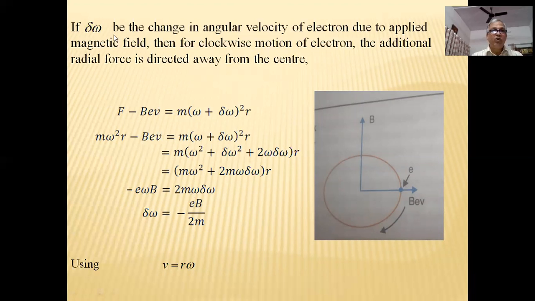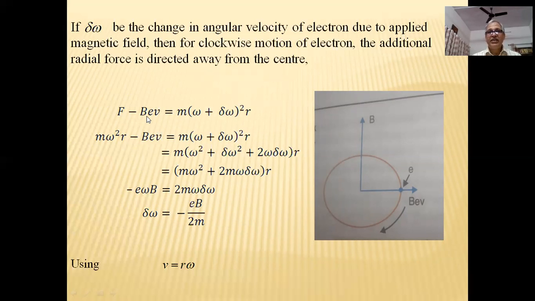If delta omega is the change in angular velocity of the electron due to the applied magnetic field, then for clockwise motion of the electron, the additional radial force is directed away from the center. The value of this is Bev, and the resultant force acting on this electron is the centripetal force.